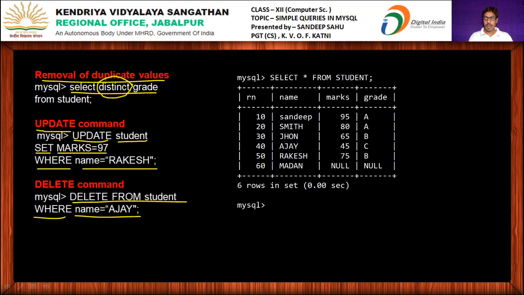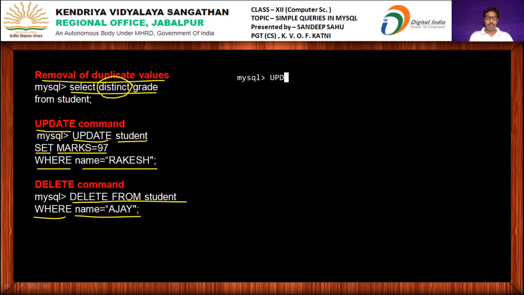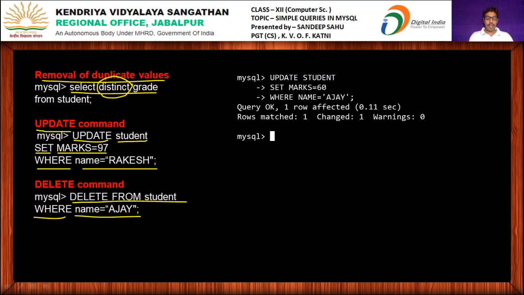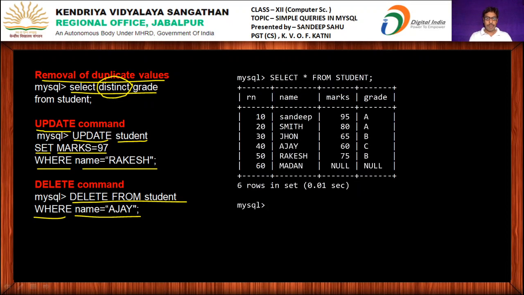So we should write update student set marks equal 60 where name equal Ajay. One row affected. Let's see the effect. You can see here the marks of Ajay are changed, now it becomes 60.